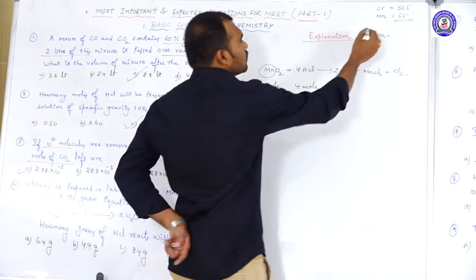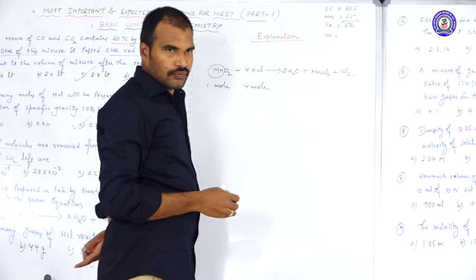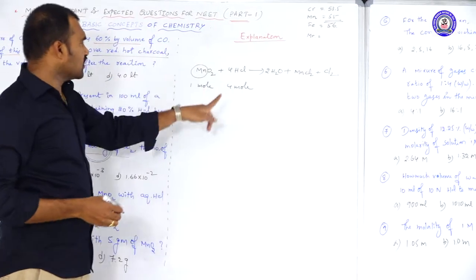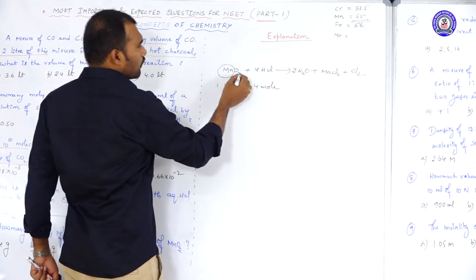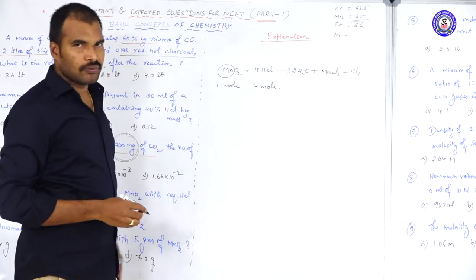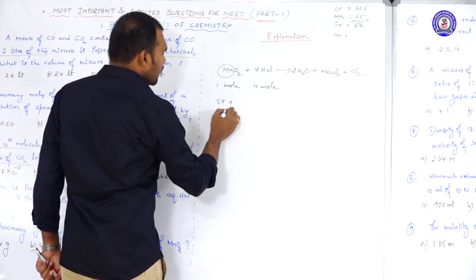And iron is 56. Now manganese we want, so it's nearly 55. So manganese 55 plus oxygen 32, 32 plus 55, 87.